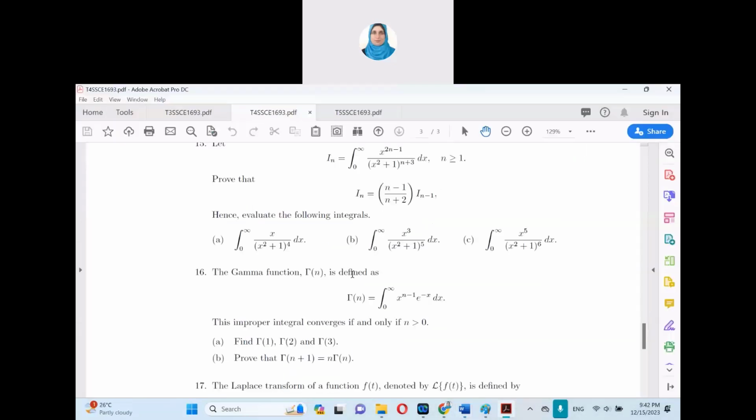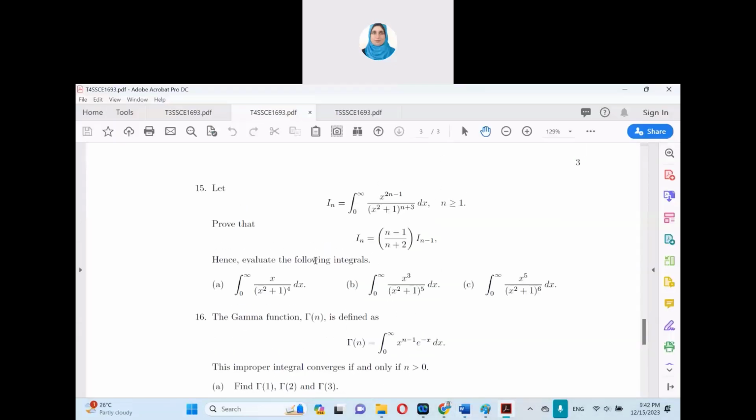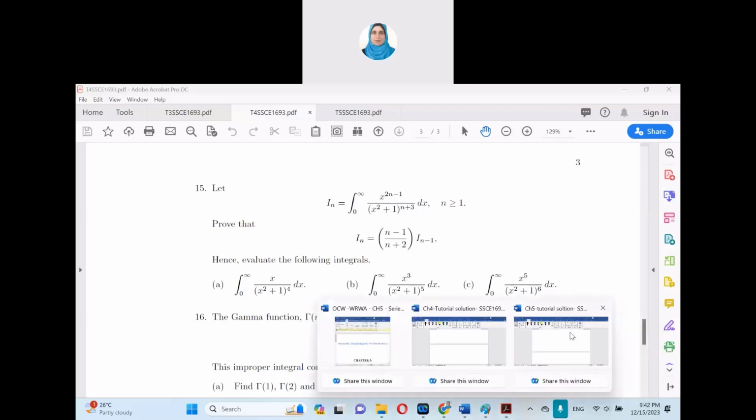No difference between them. Do you prefer to solve 15 or to move to chapter 5? Do you like to solve chapter 5? Okay, so question 15 also I will send the solution to you. So we have to go for chapter 5 now.